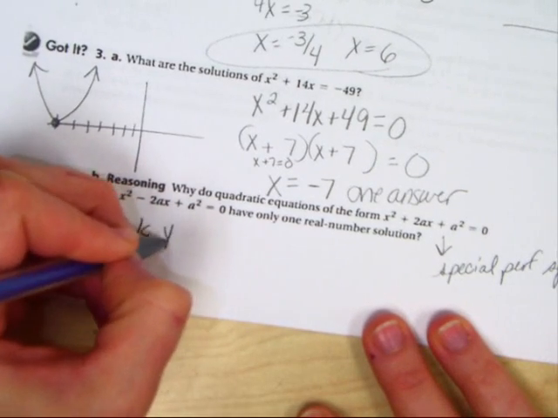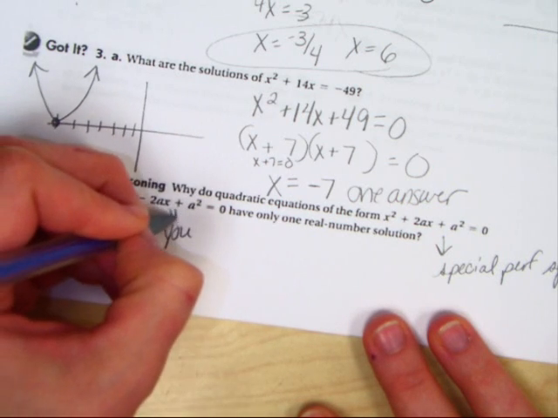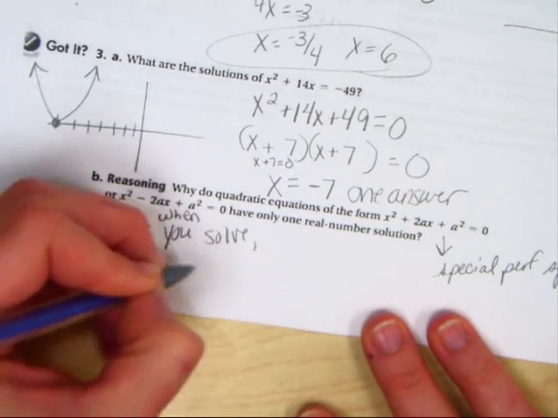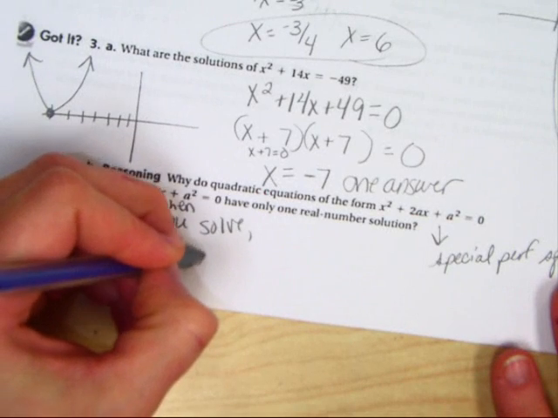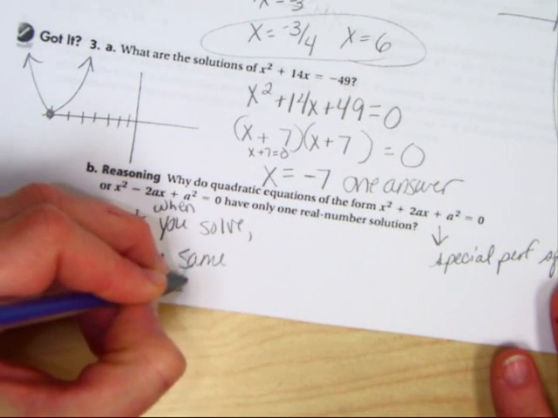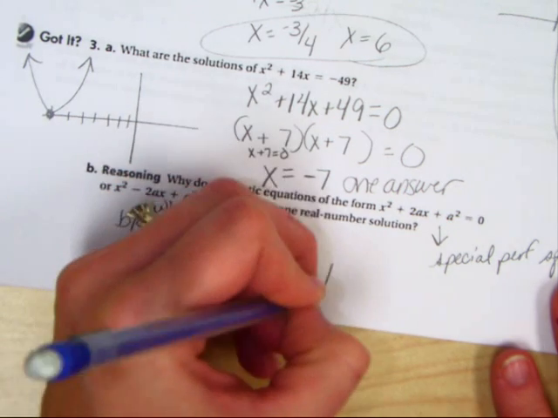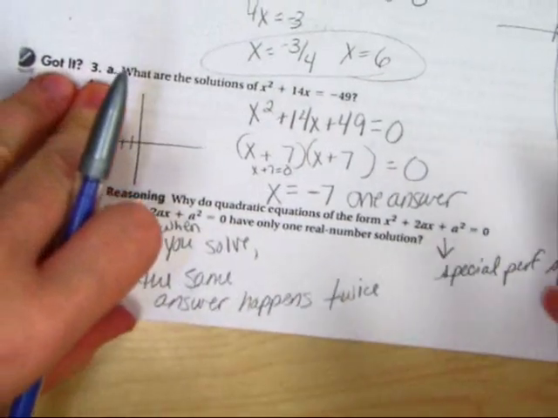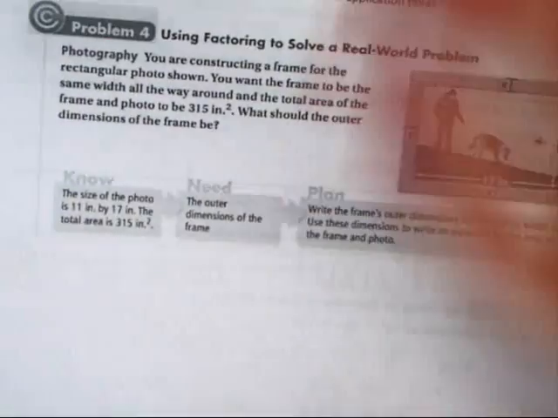Because it only crosses once, or because when you solve, the same answer happens twice. Just like it did in 3A. Alright, we'll finish this up on another video.